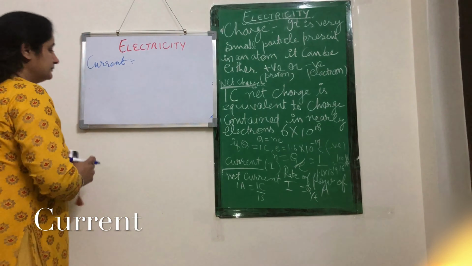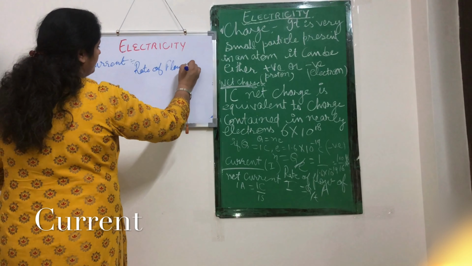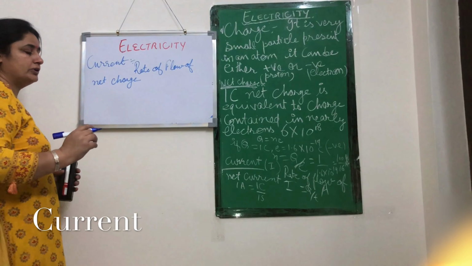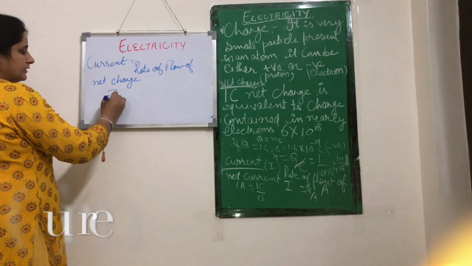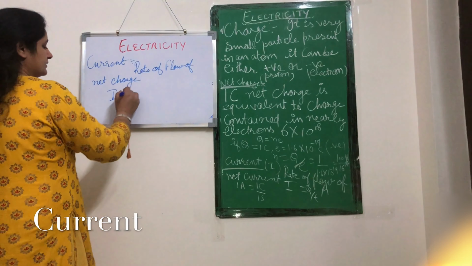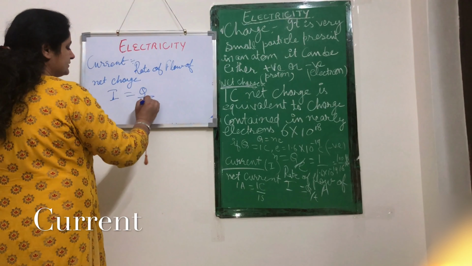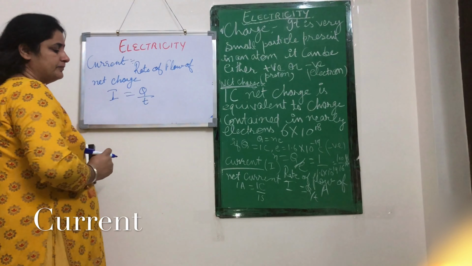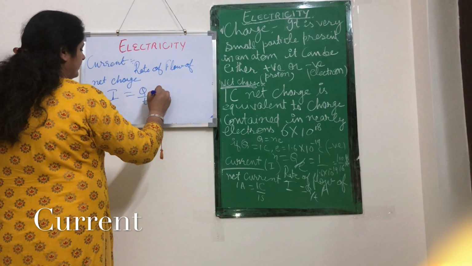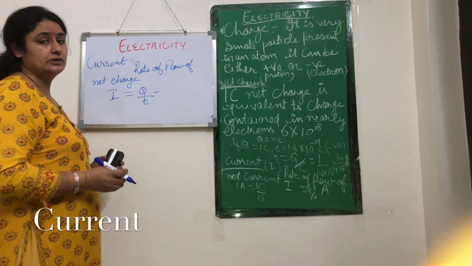It is denoted by capital I. Current is always denoted by capital I and is equal to net charge per unit time. So this will give you the value of current flowing through a conductor.